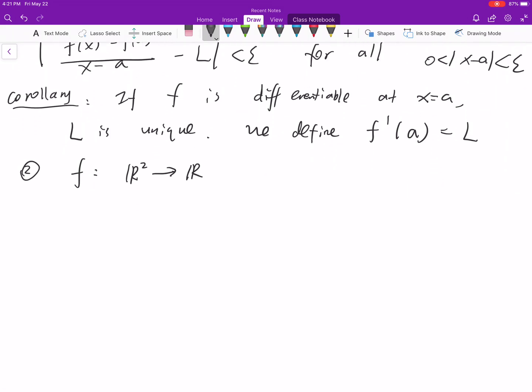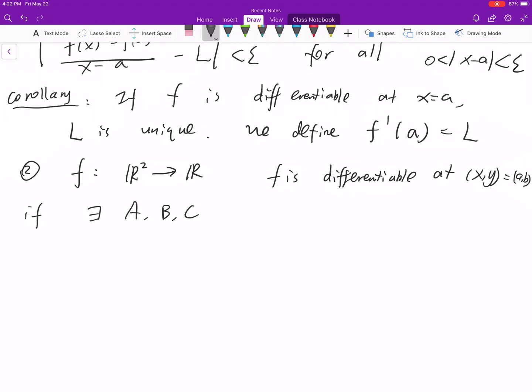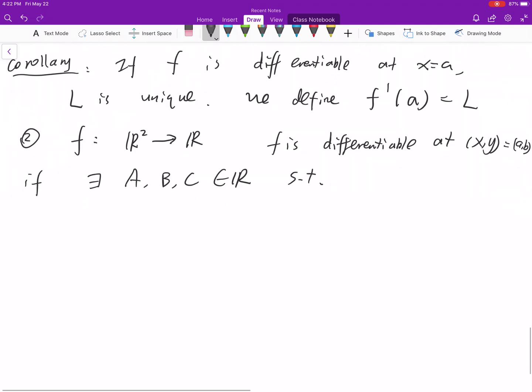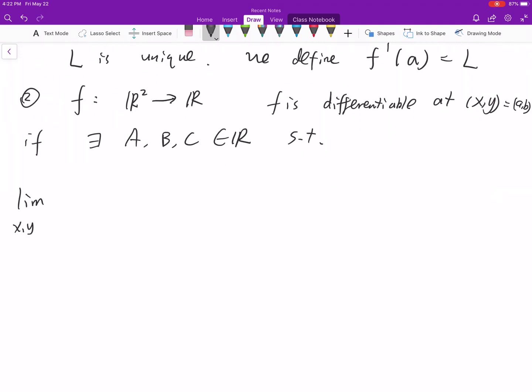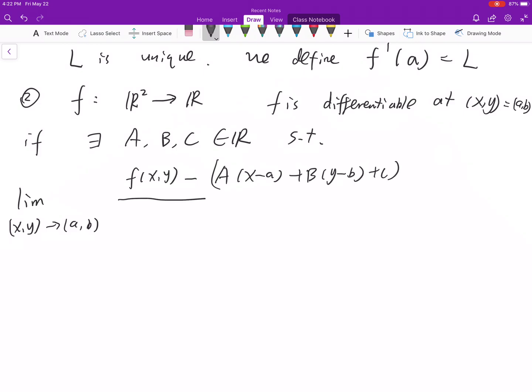So we call a function f from R2 to R differentiable at the point (x, y) equals (a, b) if there are real numbers a, b, c in R, such that when (x, y) goes to (a, b), the following quantity goes to 0.